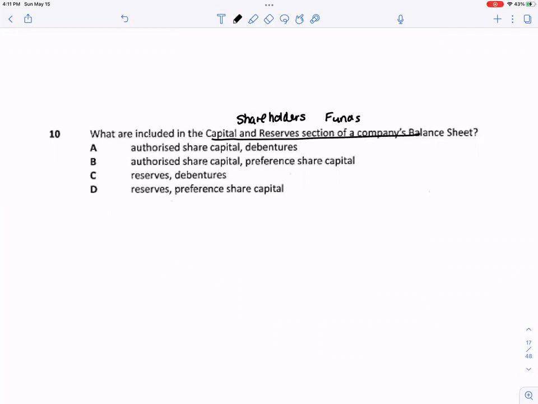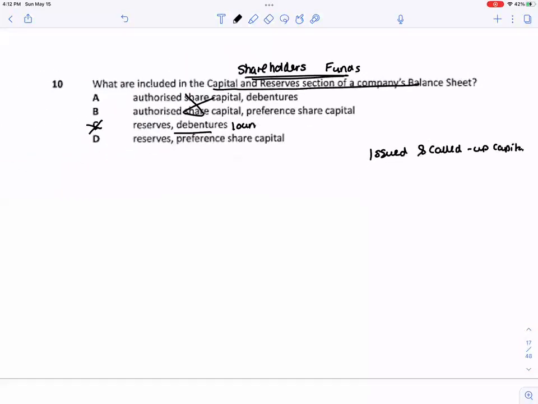Authorized share capital is certainly not included, because we take issued and called up capital. Debenture is a loan, so even this is not there.